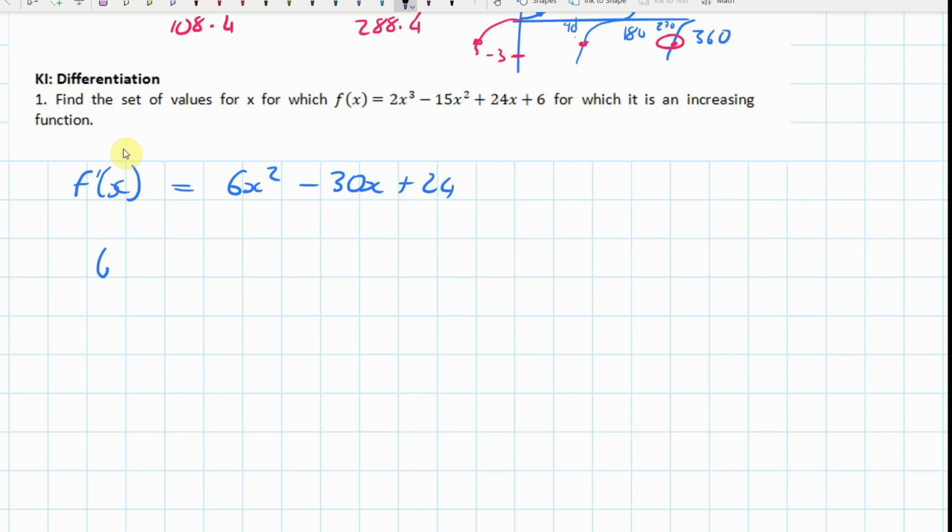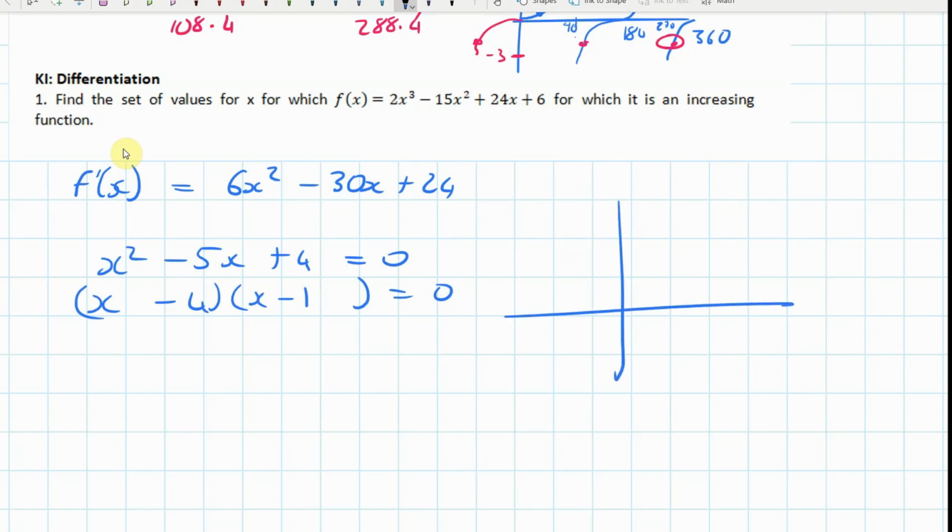So what I'm going to do is divide that whole thing by 6, set it equal to 0, and then I can factorize, I think, to draw my diagram. Okay. So you can see that if we were to sketch this, we've got a root at 1 and a root at 4.